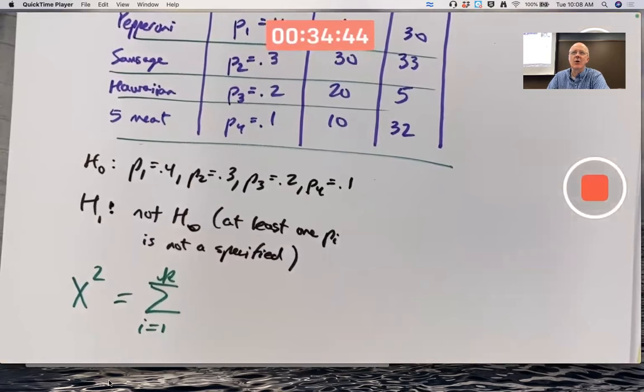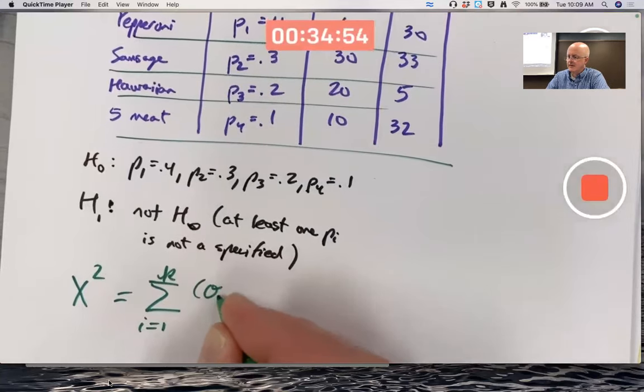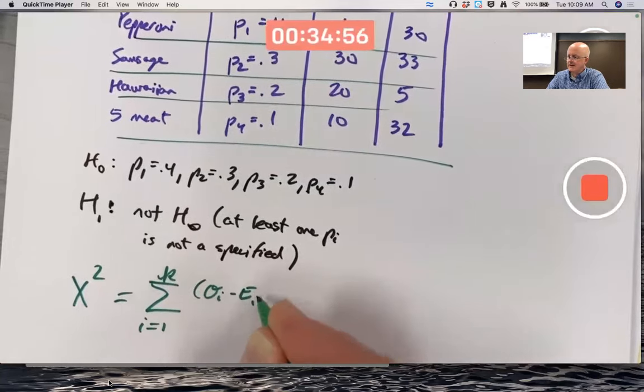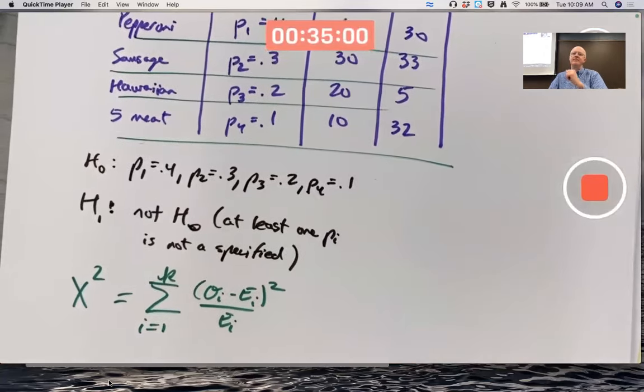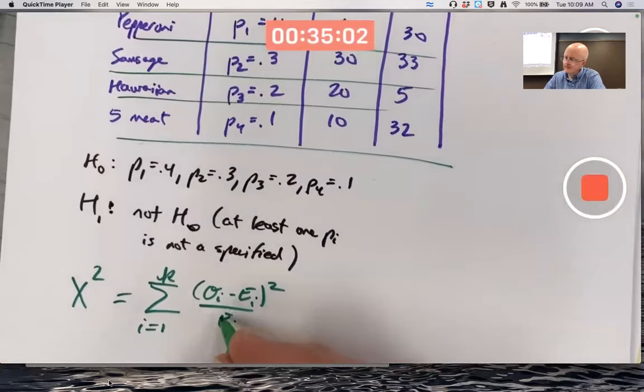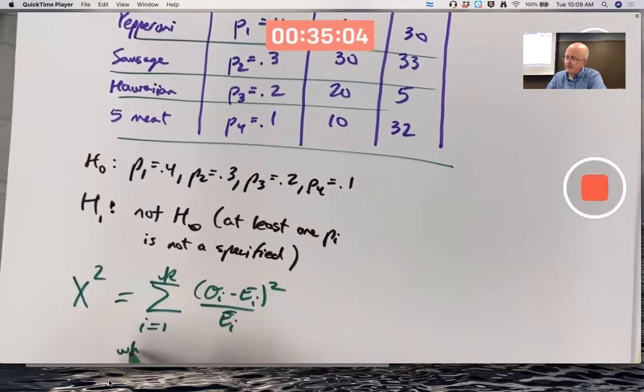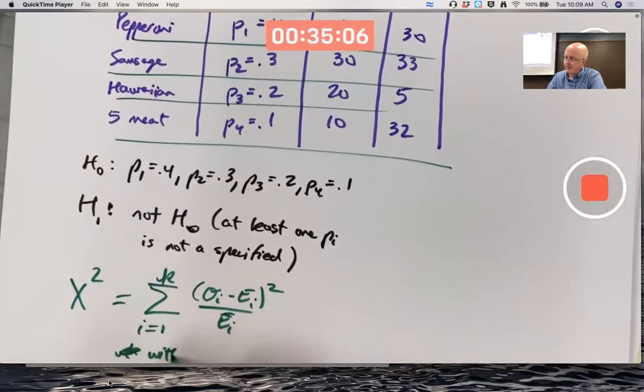This is categorical data that we've got about pizza preferences. Observed minus expected squared divided by expected is the way you compute it. With how many degrees of freedom?